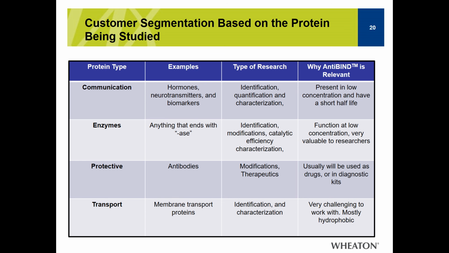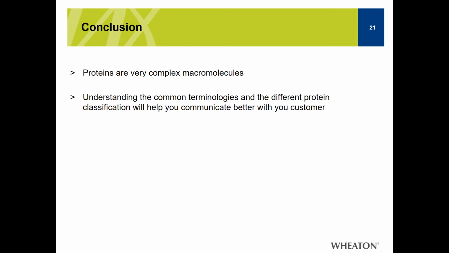They're relevant because they are used for drug or diagnostic kits, so they're going to be very expensive, and the researcher or scientist wants to keep the maximum amount of protein antibodies that they can have. Transport proteins, an example is membrane transport proteins, and again we're looking for identification and characterization, and they're very relevant because they're very challenging proteins to work with. They're very hydrophobic and they stick to everything they can find.